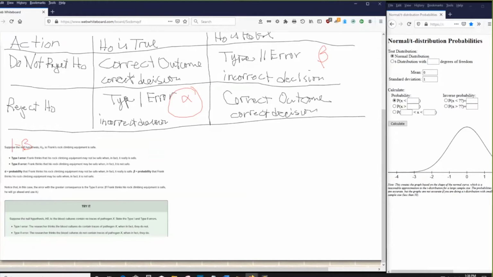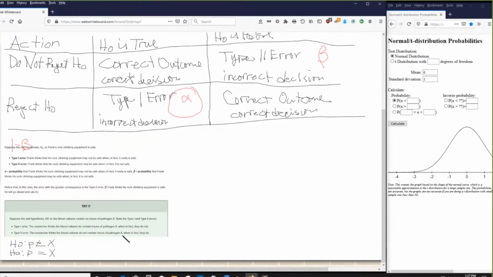So if the null hypothesis is the blood cultures contain no traces of pathogen X, then the alternative would be the blood contains pathogen X. So another way that we could write this is that H0 would be the blood culture does not contain pathogen X, and your alternative would be that the blood culture does contain pathogen X.